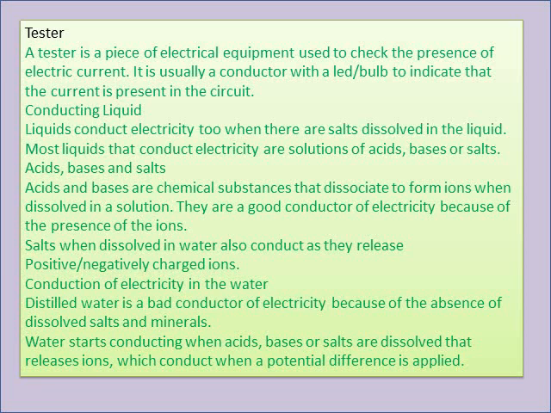Acids and bases are chemical substances that dissociate to form ions when dissolved in a solution. Therefore, they are good conductors of electricity because of the presence of ions. Salts, when dissolved in water, also conduct as they release positive and negative charged ions.